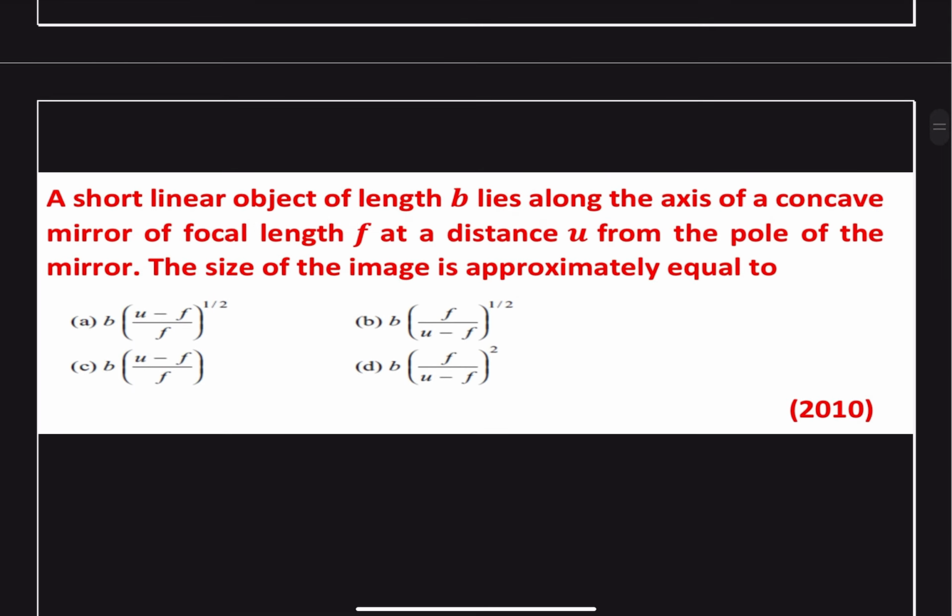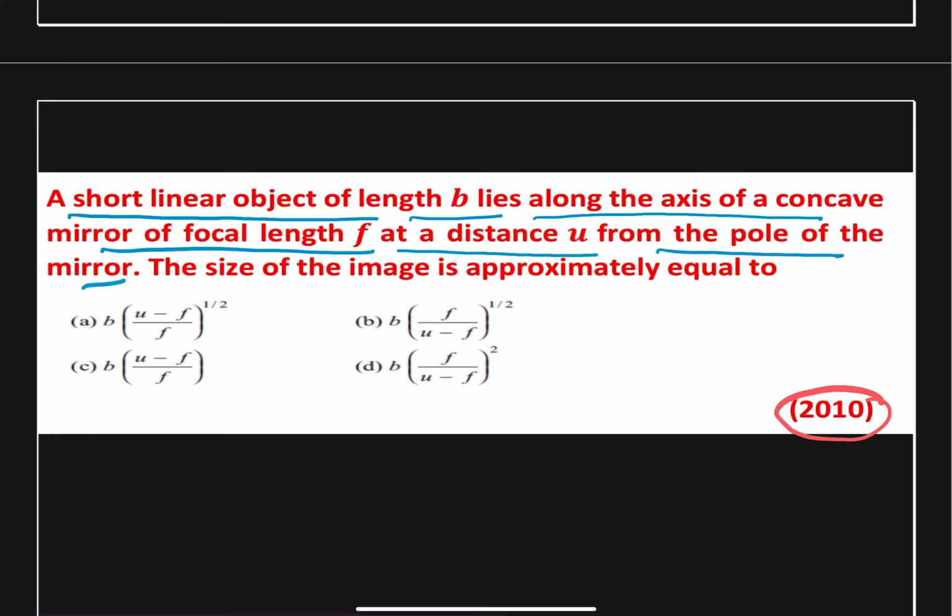It was also asked in the year 2010, and it states that a short linear object of length b lies along the axis of concave mirror of focal length f at a distance u from the pole of the mirror. The size of the image is approximately equal to.